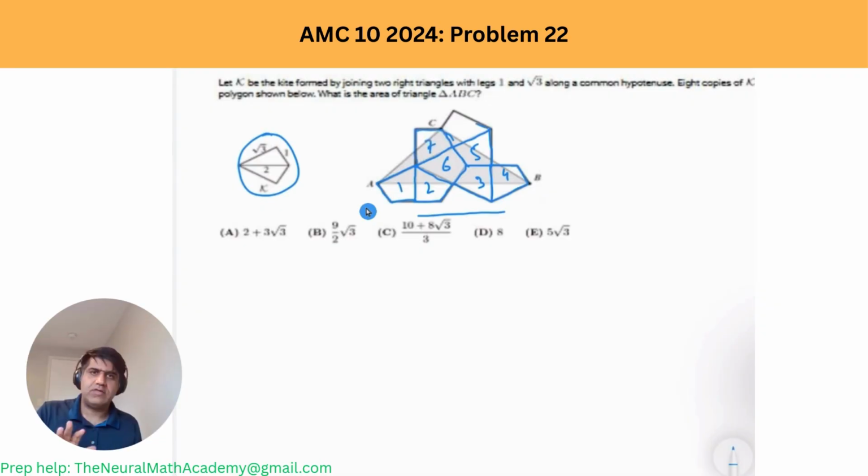So we have these 8 kites here, as you can see. Now we have to find the area of this triangle, the one that I am highlighting in green.